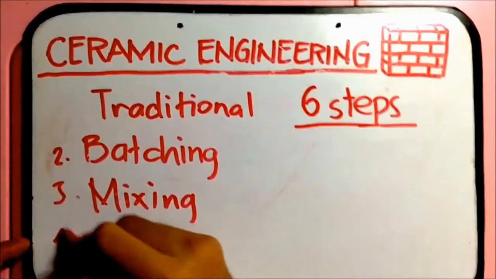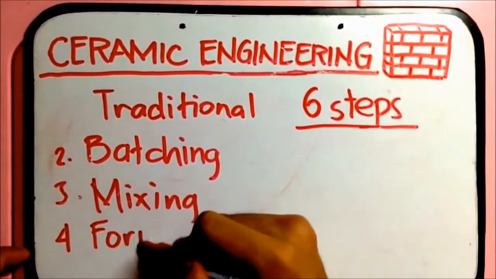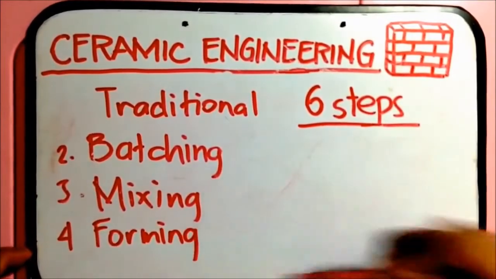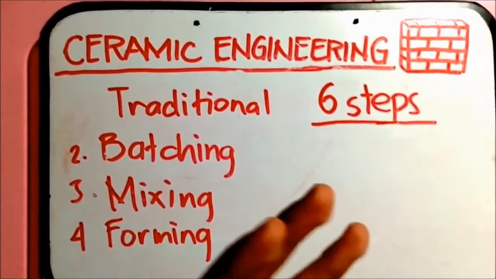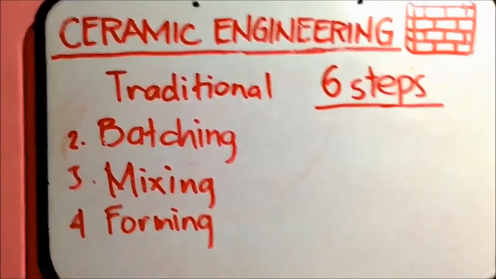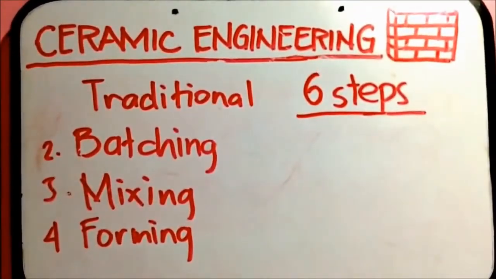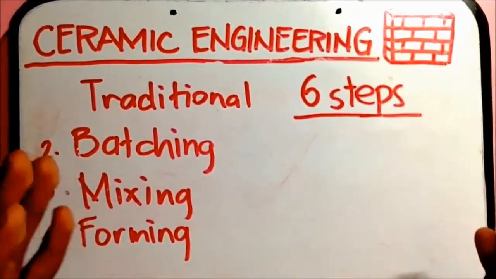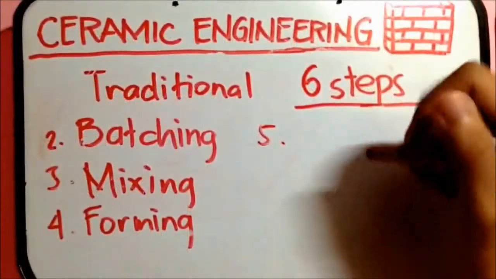The fourth step is forming, in which the raw materials are formed or molded into their final shapes, but not their actual size. You'll know later.